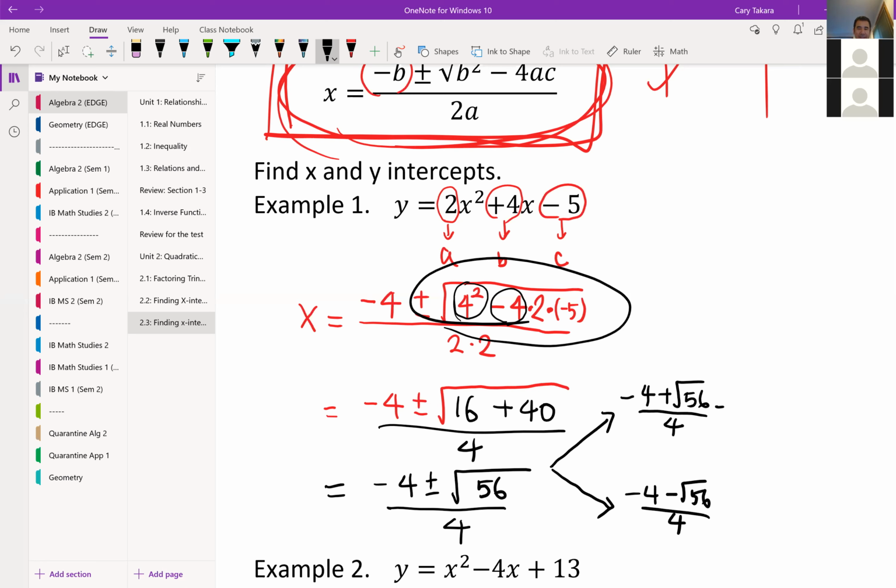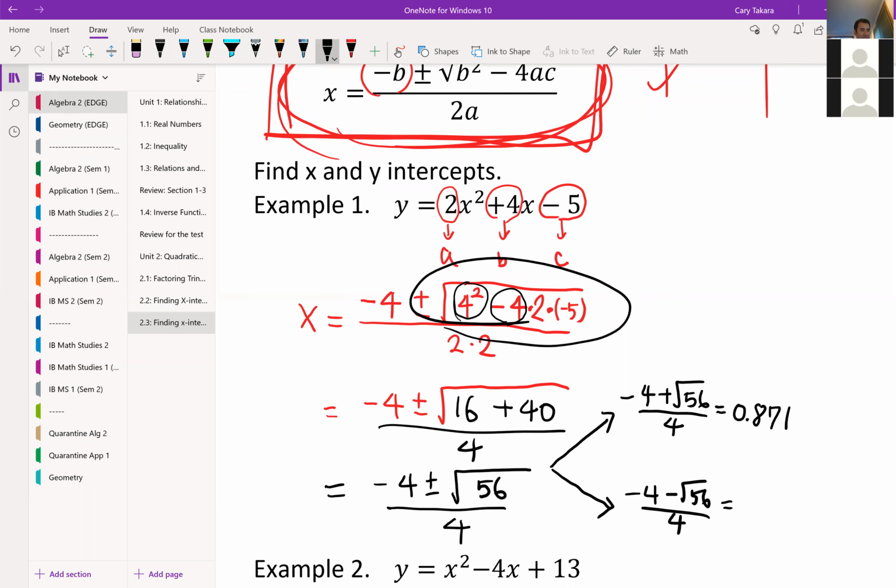I get an irrational number, so it's going to be 0.87. I'm just going to round off to the third decimal place. The other one will be -4.